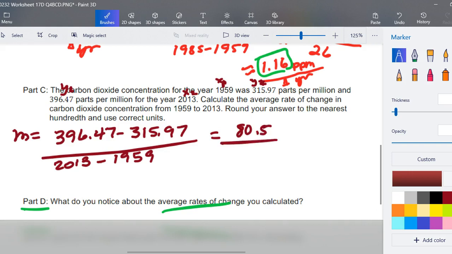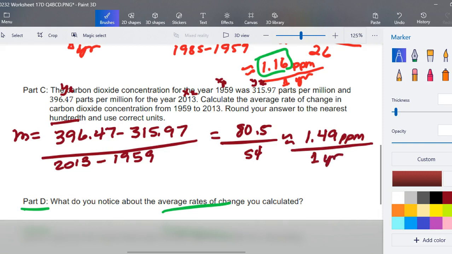I'll do 2013 minus 1959, and I'm getting 54 years. And when I do 80.5 and divide it by 54, rounding to the nearest hundredth, I'm getting about 1.49 parts per million per 1 year.